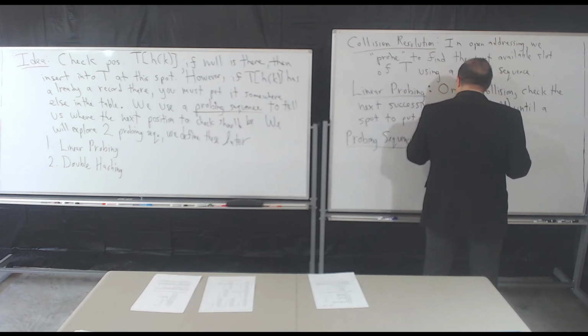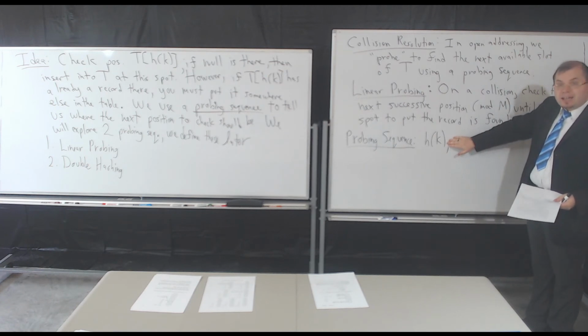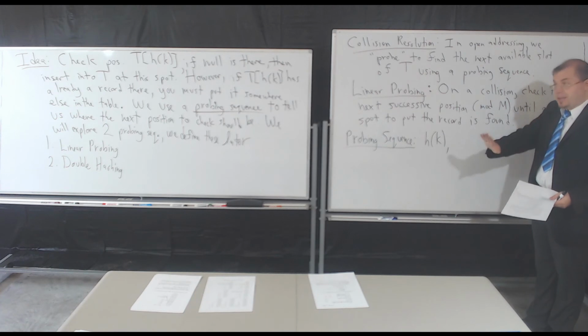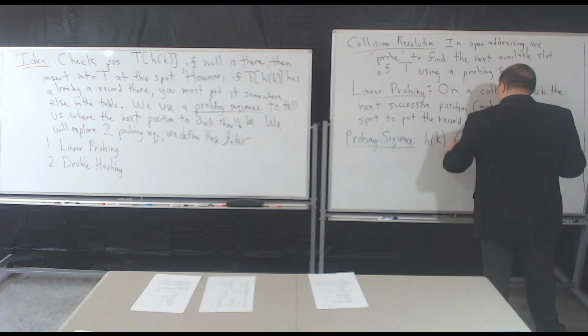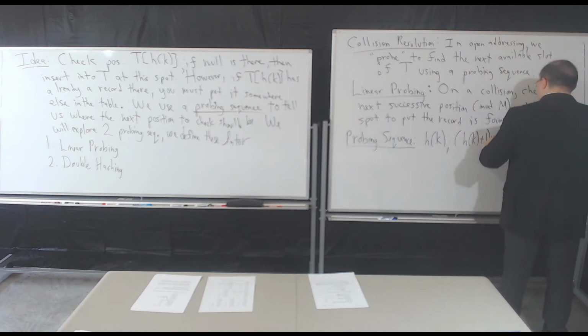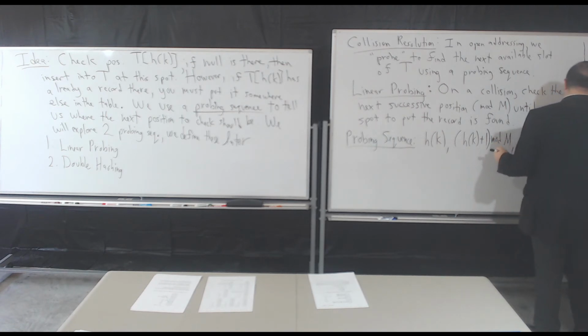So first you're going to check h of k. If I find an empty spot in this position of the table, I put it there. Now if there's something already occupying that spot, I'm going to proceed to check h of k plus 1 mod m. Now, if there's a spot available, I hop to this position and put it in.